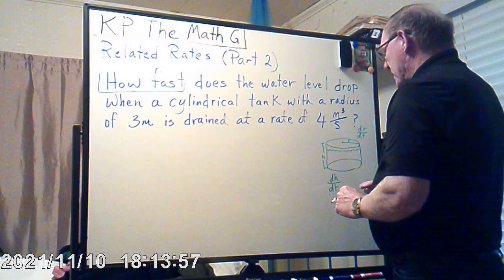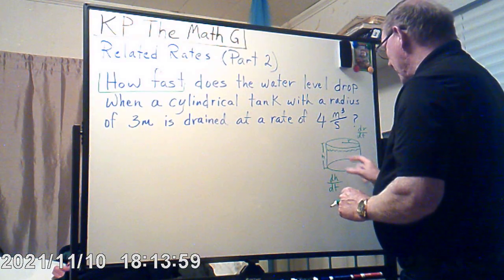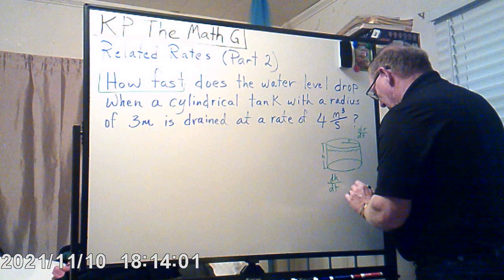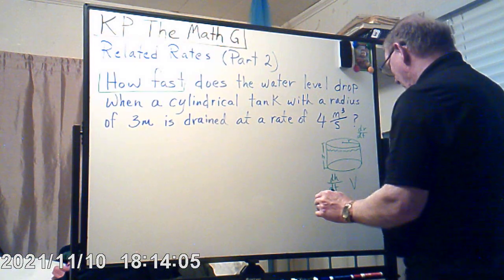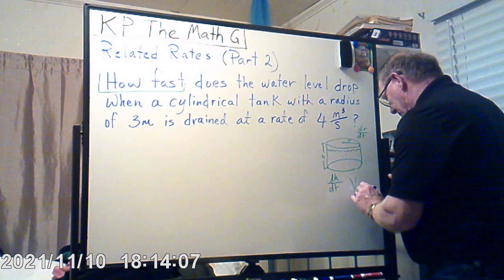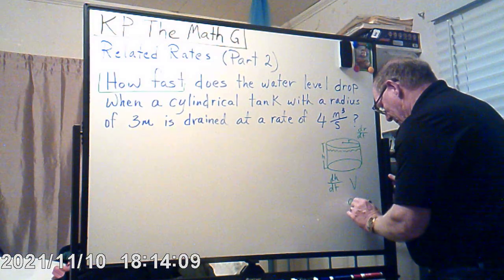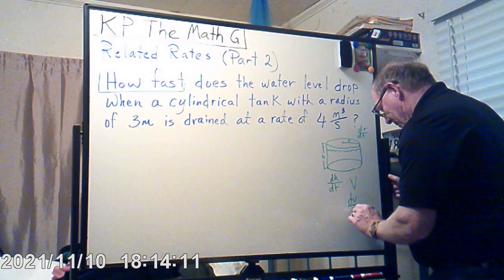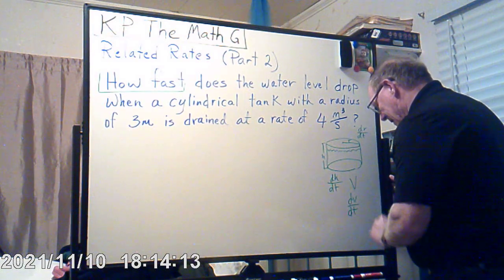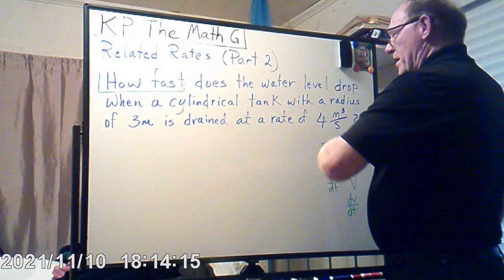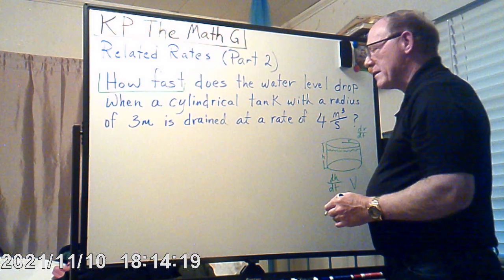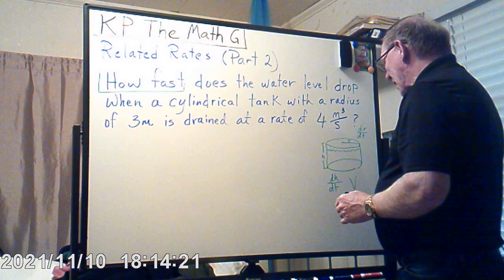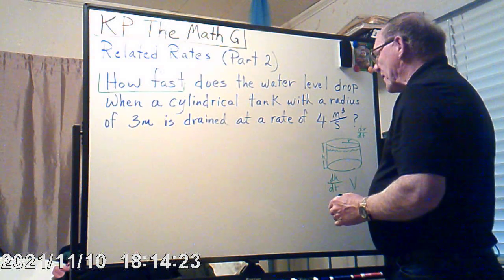And then of course we have volume. And if we have volume, we also have the derivative of volume, dV over dt. This is the volume of a right circular cylinder.